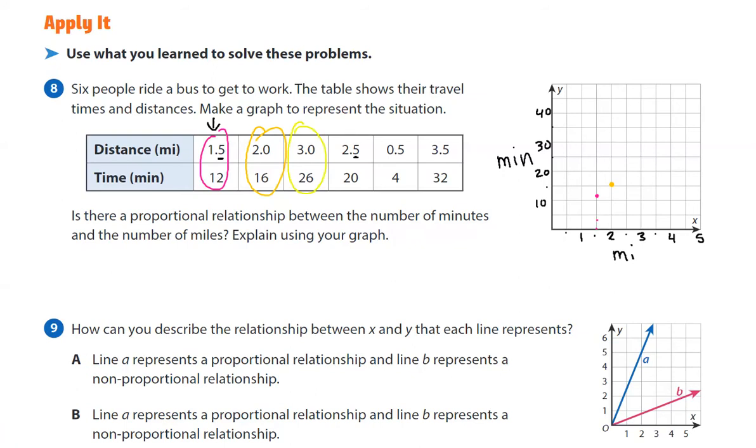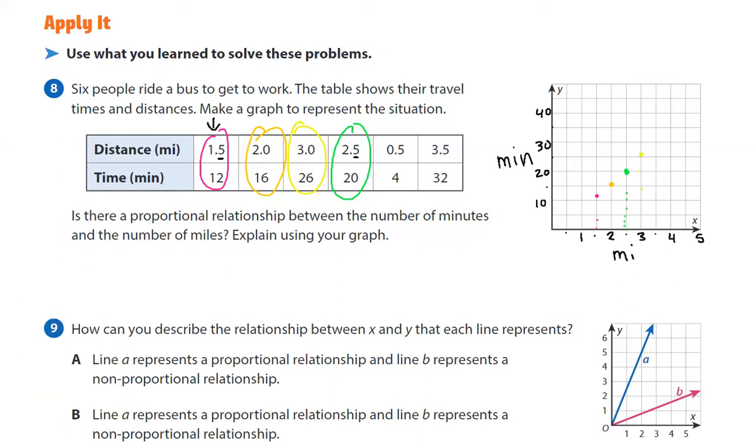This third person is going to go 3 miles and it's going to take them 26 minutes. So there's 20, 25, 26. Not very visible, but gotta do what you gotta do for the rainbow. We've got 2.5 miles and they're going to take 20 minutes, so 2.5 and 20.